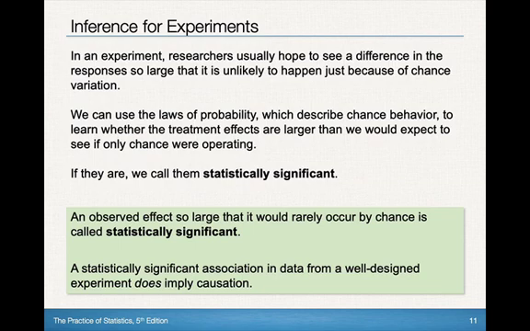So when is something statistically significant? This is something we need to pen down. And so the definition of statistically significant, I really like this short, sweet definition here: an observed effect so large that it would rarely occur by chance. Okay, now that has no numbers in it for you to be able to specifically pin down some threshold beyond which some effect is big and can be considered statistically significant.